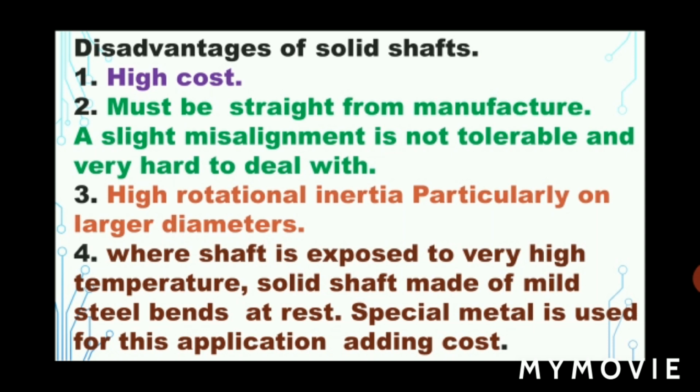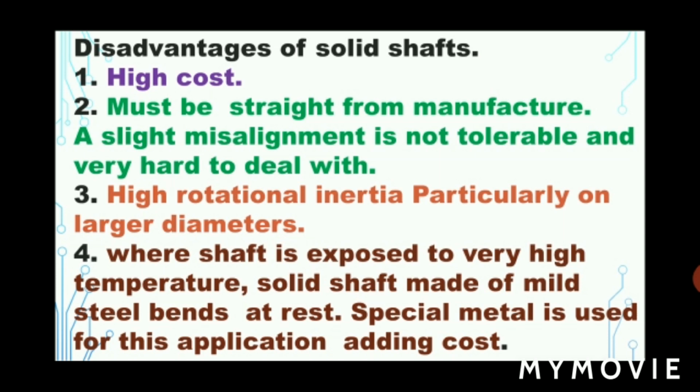That means it does not tolerate any misalignment when you are assembling or installing. If there is any misalignment, it will not tolerate it. It will not give the exact result we expected. The expected result may not come if you have this kind of situation.